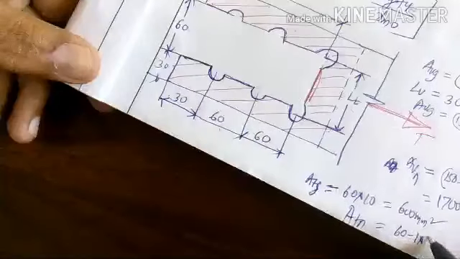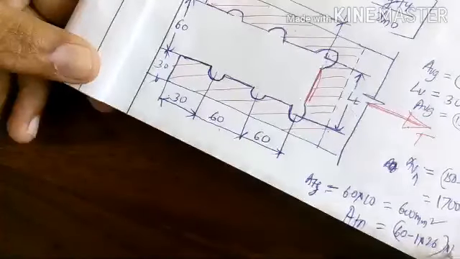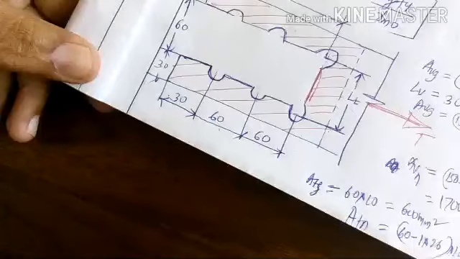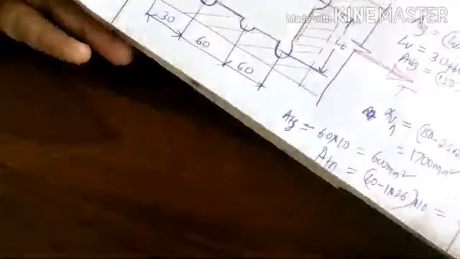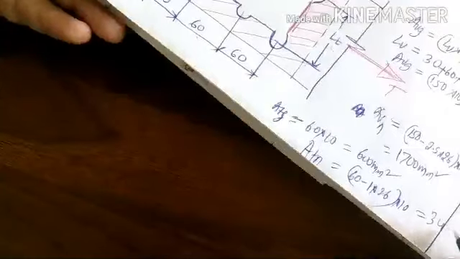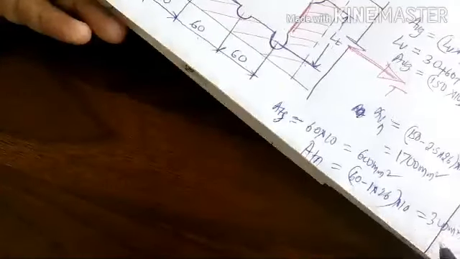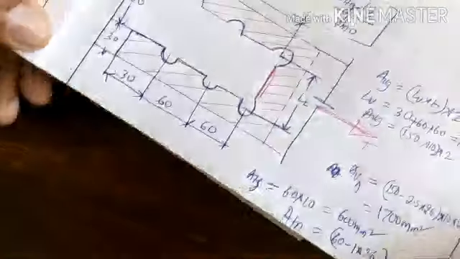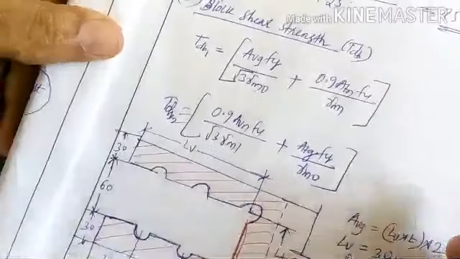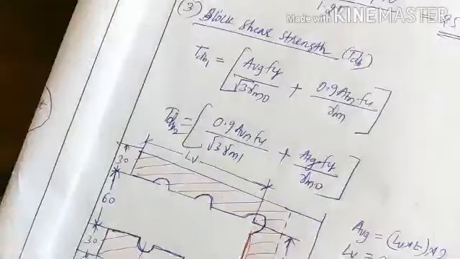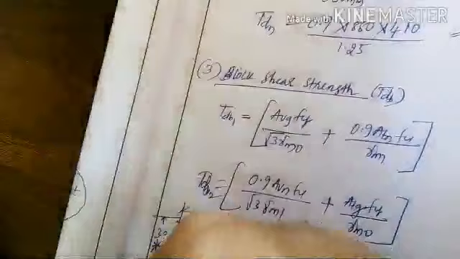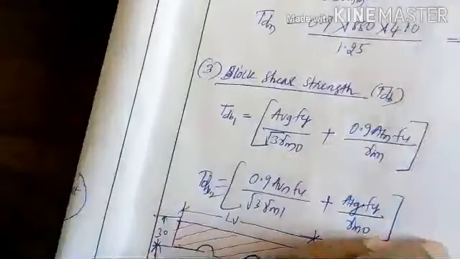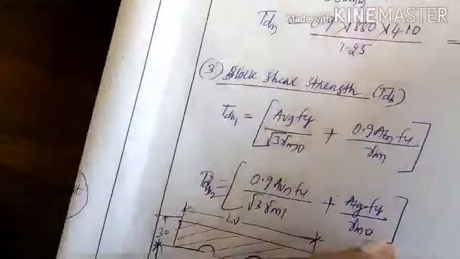So 60 minus 1 into 26, into 10, so we get 340 mm square. Now substitute all these values in TDB1 and TDB2.